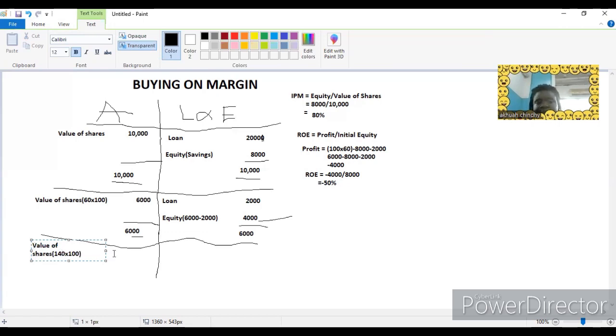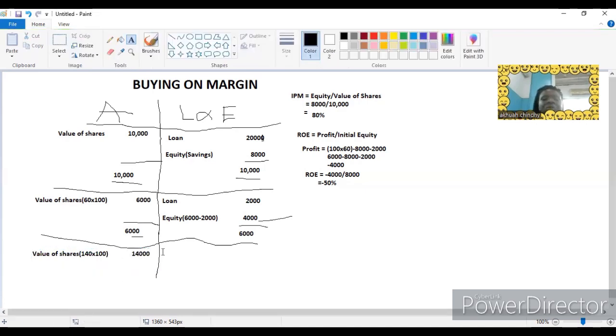It's just the price that is influencing what our equity would be. This will give us 14,000. So the value of our shares will be 14,000. So that will be for the assets, right?